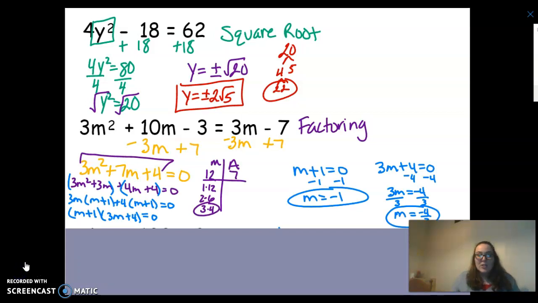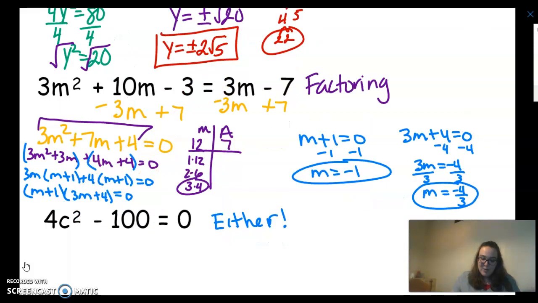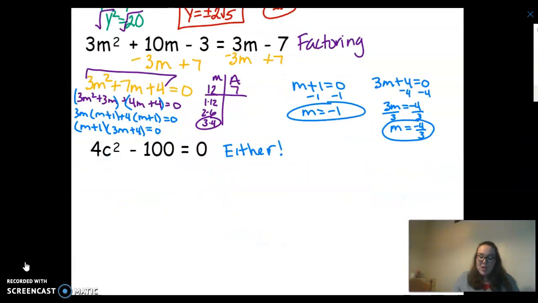Now, this last question can be solved using either method. So let's talk about real quick why it can be solved using either method. First off, you may have noticed right here, hey, c squared only. So yeah, you can isolate that c squared.